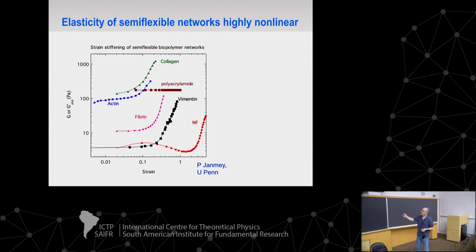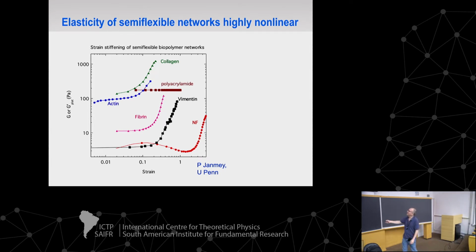This is actually from a collaboration years ago with Paul Janmey, one of the people who got me first interested in biopolymers. We're still collaborating. This figure shows nicely the contrast with something like polyacrylamide, which is essentially a flexible polymer system.